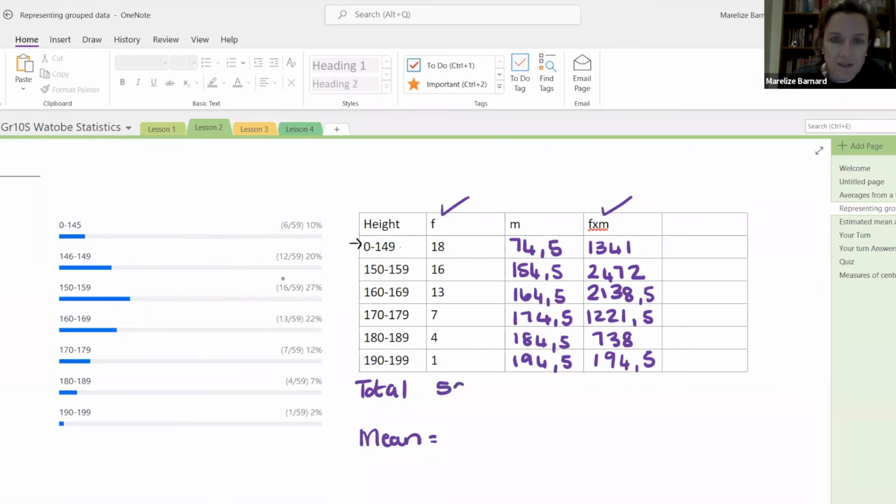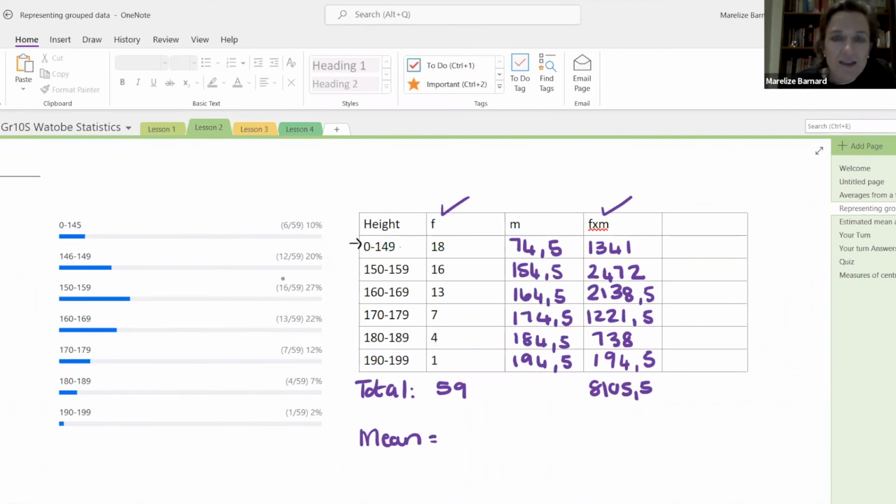Yes, that's 59. Okay, and then we just have to total up F times M. That's it, Isa and Portia.